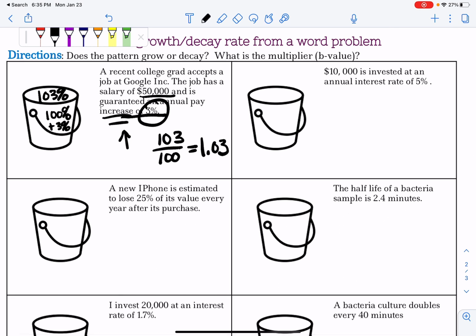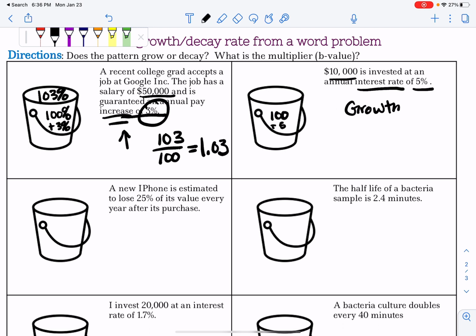Next example over here, we're going to invest $10,000 and we're going to get an interest rate of 5%. Interest rate means that you're going to earn money on the money you have invested. So this is again going to be growth. When we have growth, we start with 100% and then we add on to that.